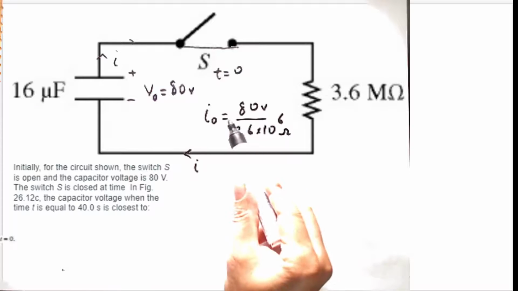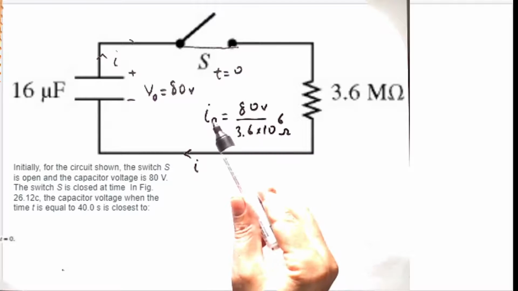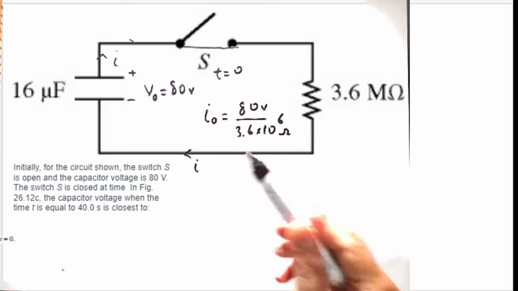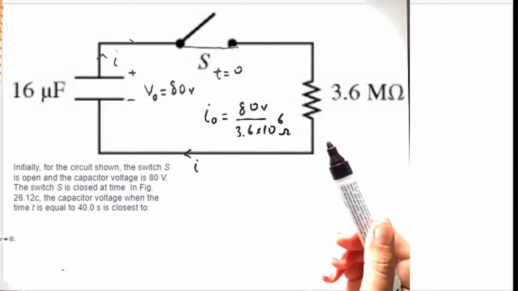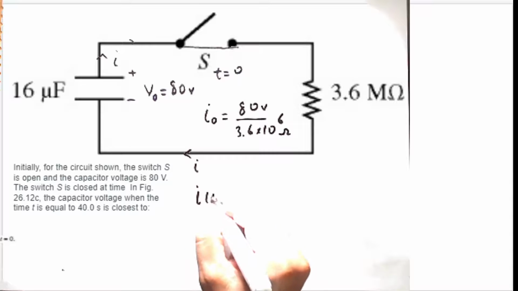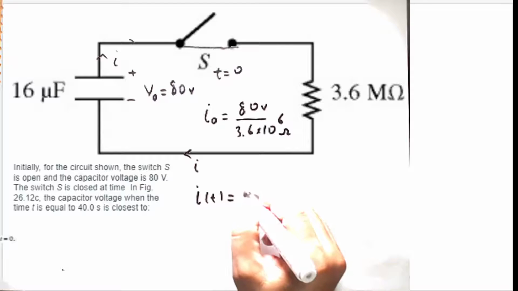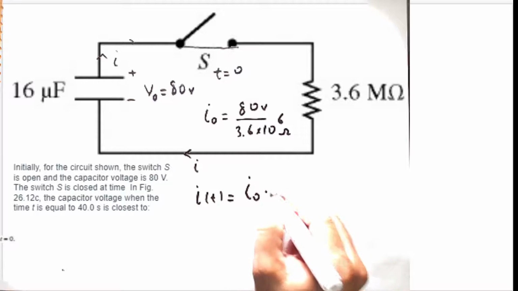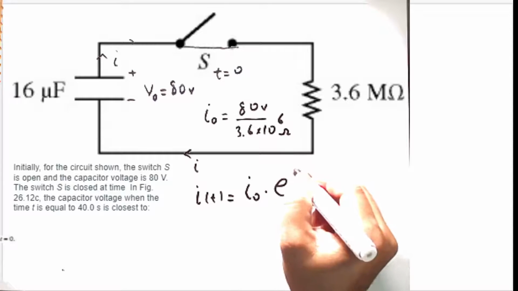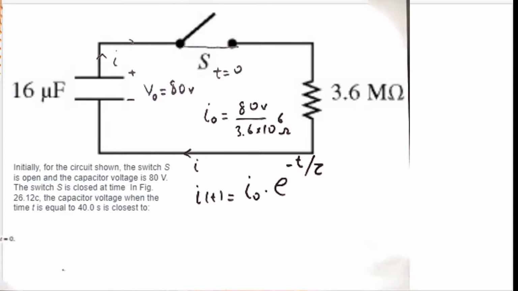Since we already found the initial current at t equals 0, and we know that this current value will drop to 0 exponentially as time goes on, you can write down the time dependence of the current through this simple circuit to be I0 multiplied by the exponential to the power minus t divided by tau.